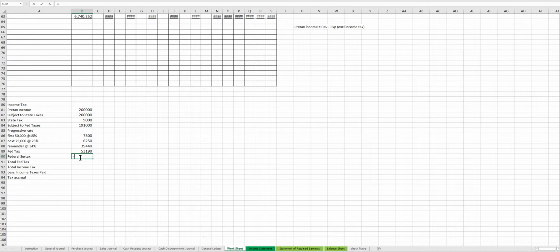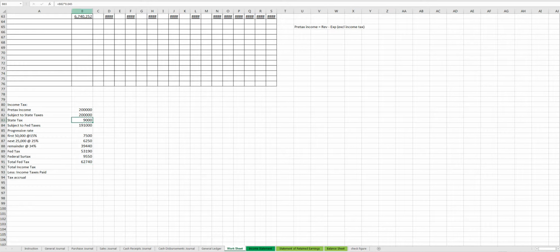So the federal surtax is our federal income multiplied by 5%. The total federal tax together equals the federal tax plus the surtax.